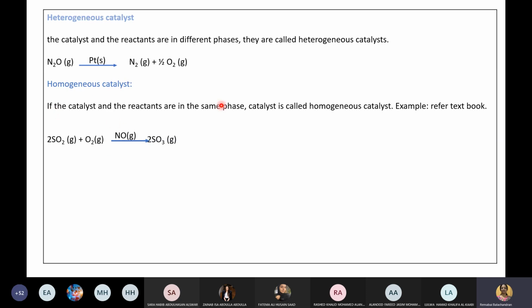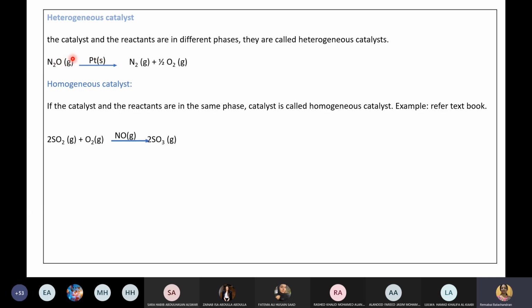Did you understand? You don't have to memorize these equations, okay? You just need to know the meaning. That's it. This is not to memorize. My dear, look here. This is the catalyst. The physical state of the catalyst is solid.